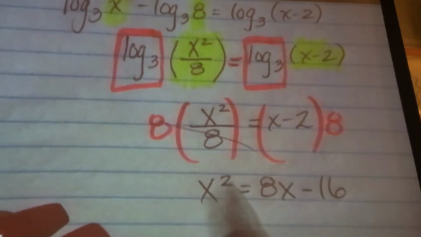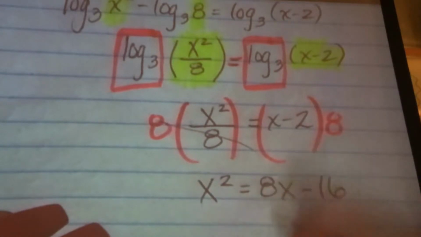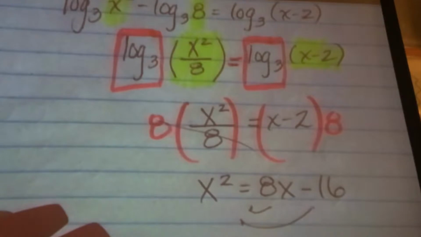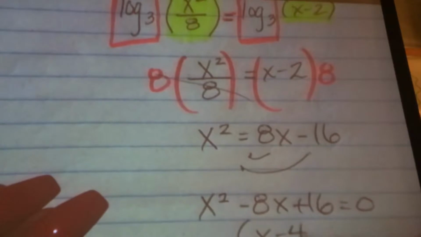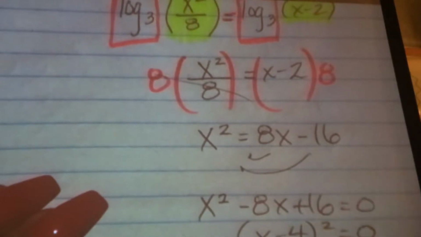And I have a quadratic here, so I'm going to just move everything to one side. So that's x squared minus 8x plus 16 equaling 0. And this is x minus 4 quantity squared. x minus 4 equals 0, so that means x has to equal 4.